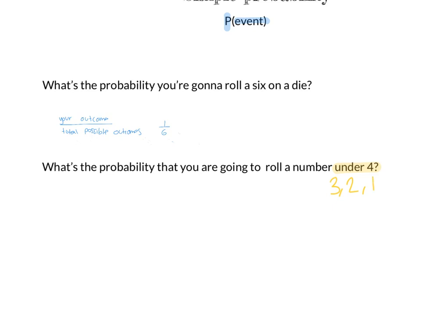So, taking that, we are saying that our total possible outcomes are 6, because there's 6 numbers on a die, and we have 3 numbers, so it would be 3 over 6, or 1/2, or 50%, or 0.5. So that's how you do simple probability.